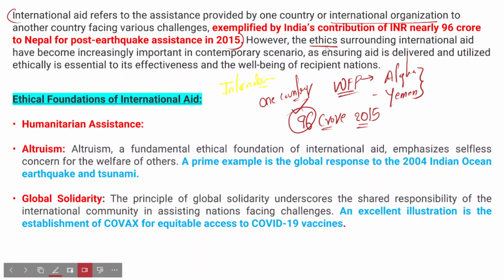Why is there an increasing importance of international aid? As we have discussed, because these resource challenged countries have been facing several problems, several challenges. In order to address those challenges, the developed countries or countries which are relatively well off have been coming up with international aid. Therefore, in this context, international aid has assumed a lot of significance.